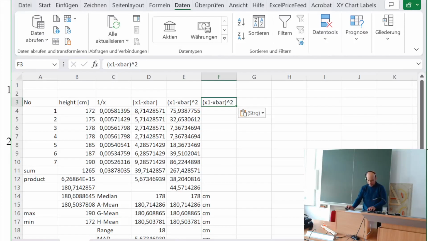Now to the third, and for the kurtosis I need it also to the fourth power.